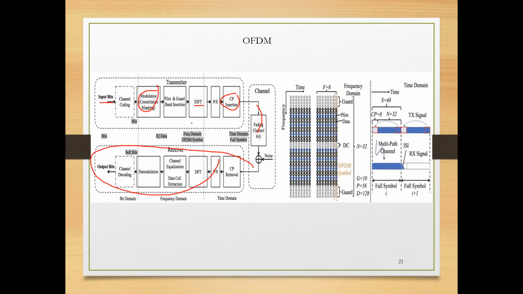The point that I want to make here is that before the IFFT, you have frequency, you have subcarriers. If you can play with the properties of these subcarriers, which are different from the carrier you use for conventional modulation, where you have ASK, PSK, or FSK, so this is in baseband, this is in passband.